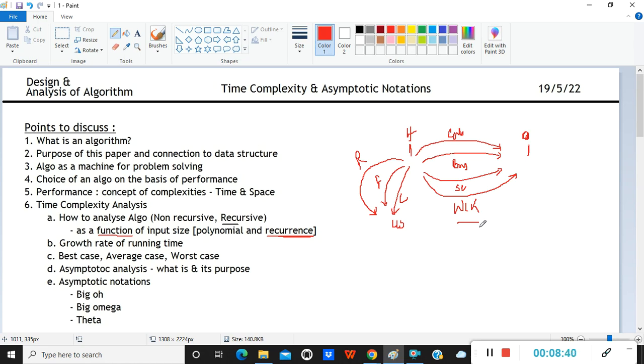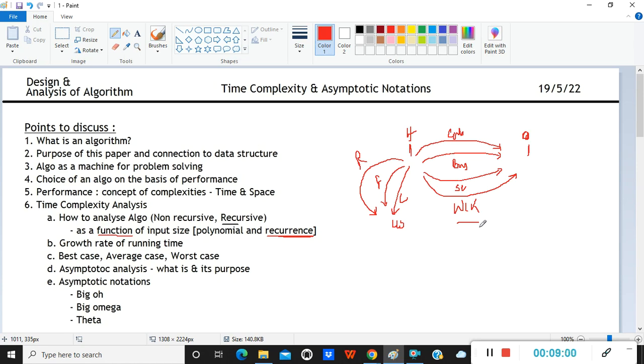The same way, while we are trying to solve a problem, we may develop many algorithms. But among those algorithms, some will be best for some cases, and some algorithms are best for some other cases.